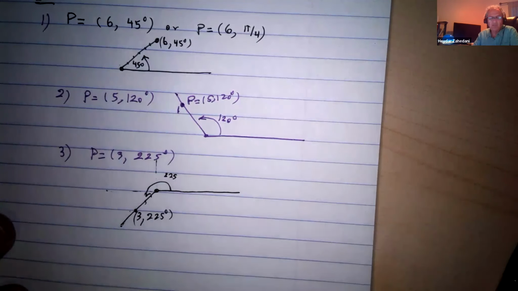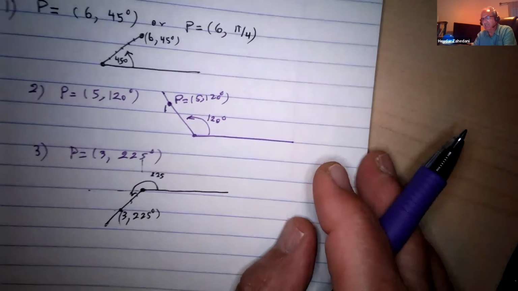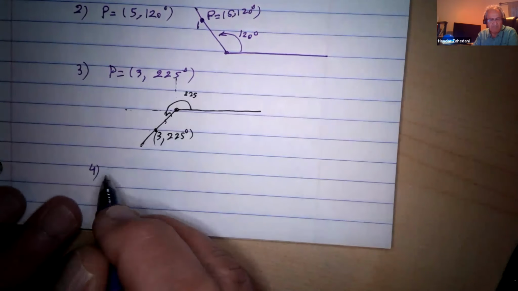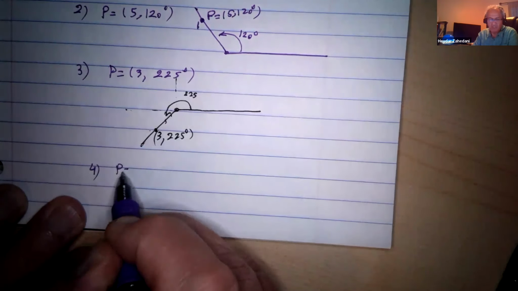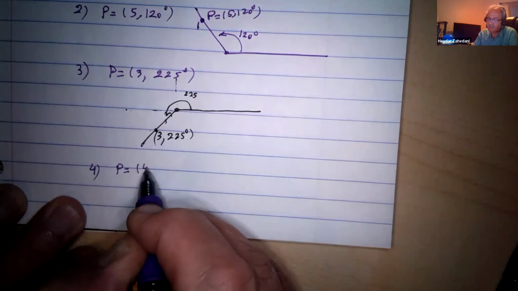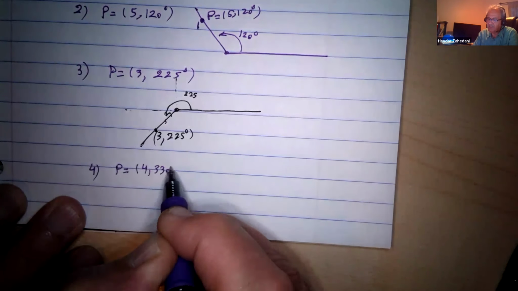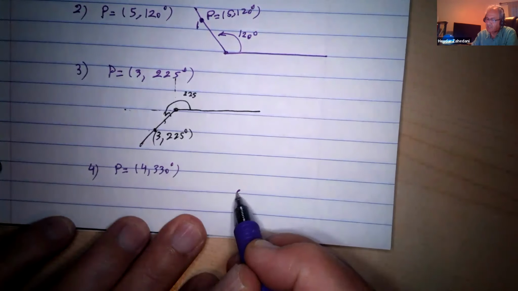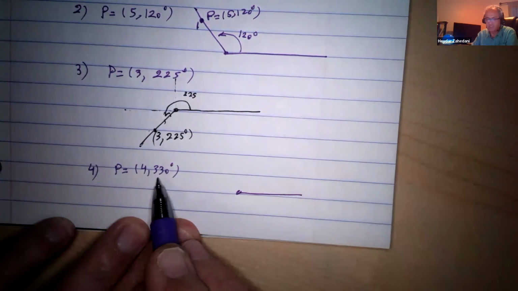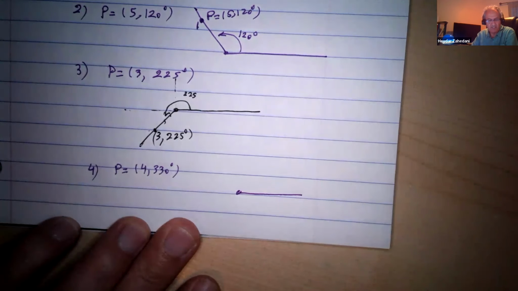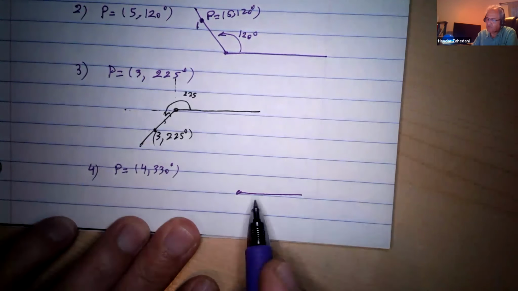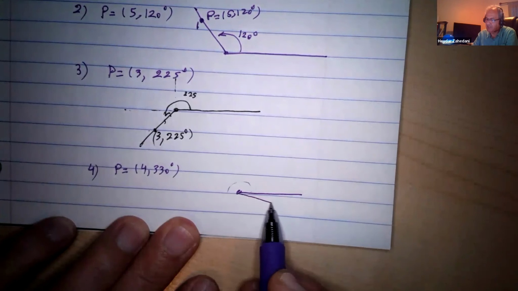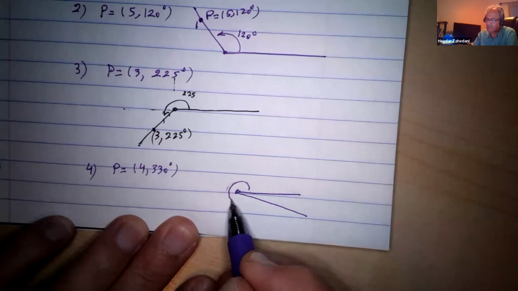So you can be in the first quadrant, the second, the third, or the fourth. For example, you can have the point which is 4 and 330 degrees. It's nearly 360, so you go around and you are almost back here.